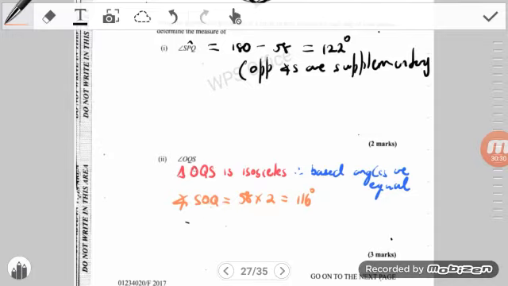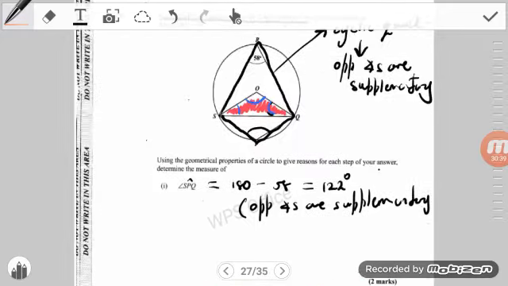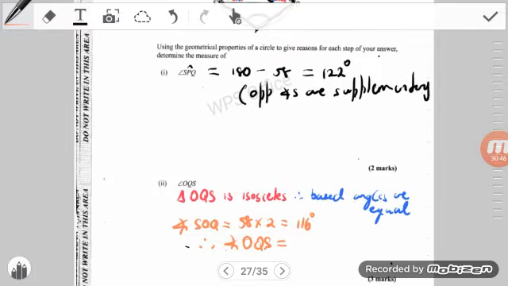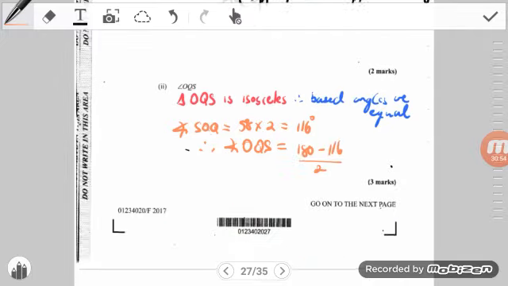And so with this statement at the top, therefore angle OQS, as I mentioned earlier, if I can find this angle, I just take it from 180 and divide it by 2. So angle OQS is equal to 180 minus 116, and I'm going to divide all that by 2 to get each of those base angles.